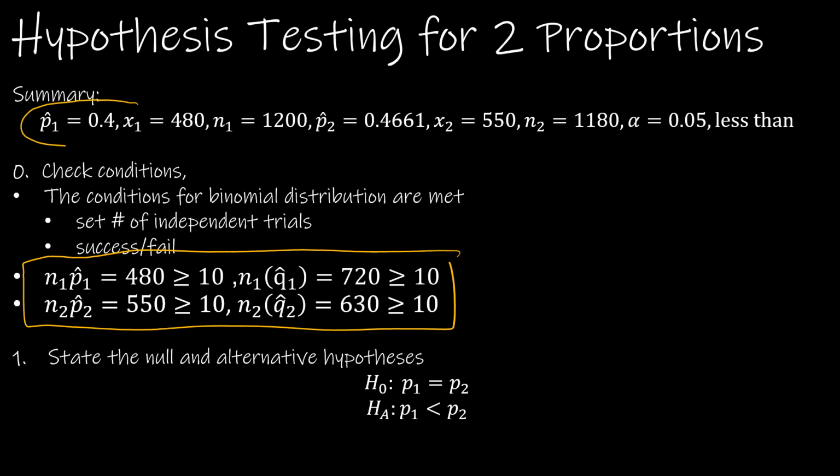Notice in the summary, I went ahead and found those two p hat values, which again, this one was 480 divided by 1200, and this one was found by taking 550 divided by 1180. The null and alternative hypotheses we have talked about already. Remember, we think that p2 is going to be bigger because we're saying did the level increase? Is it greater than?